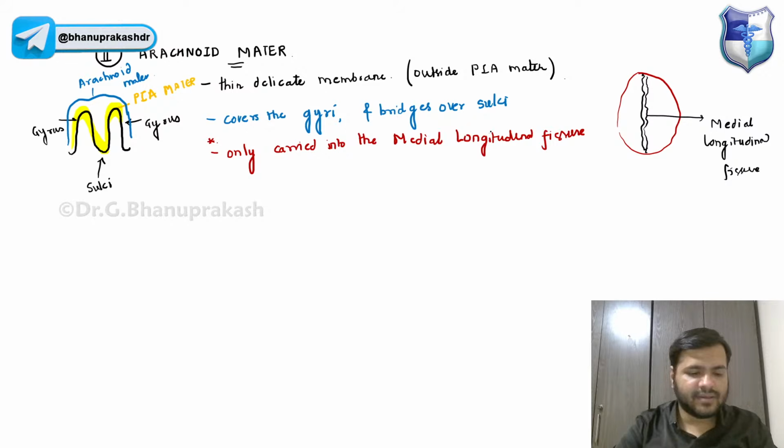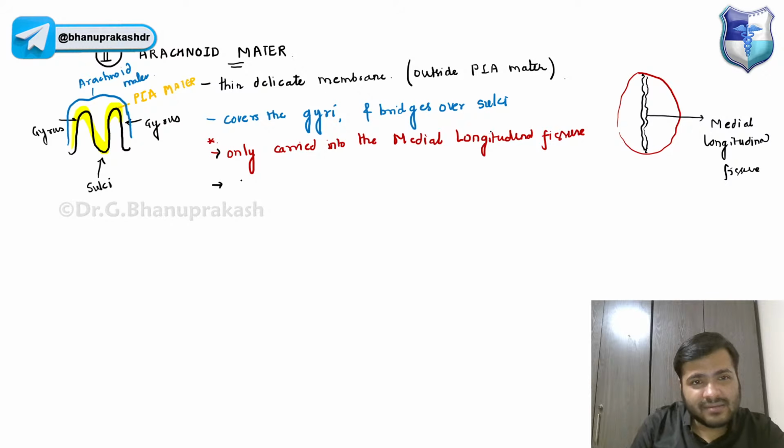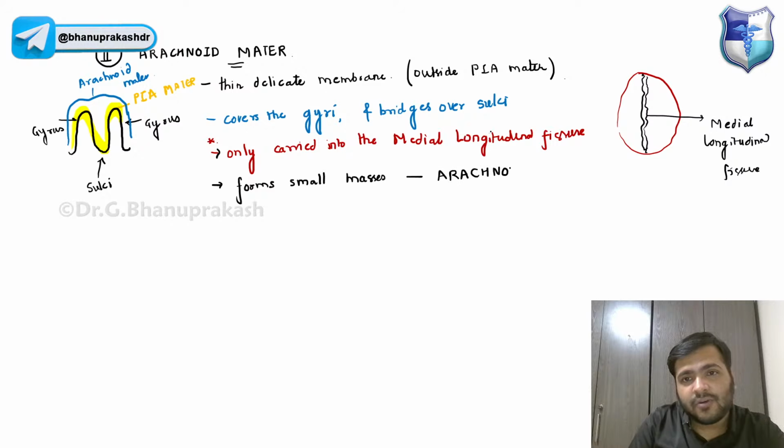Now, guys, let us try to understand something very important: this arachnoid matter forms small masses, and these small masses are called arachnoid villi. Remember, these are microscopic structures.